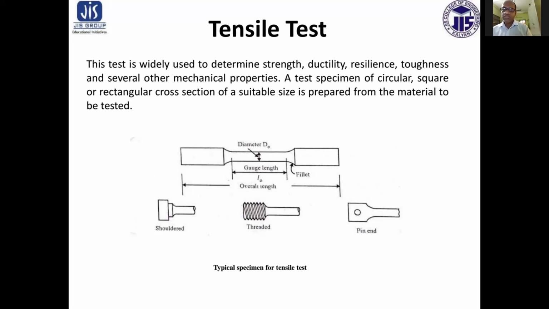The end part held in the jaws may be made shouldered, threaded, or we may use a pin end. So these are all the typical specimens for the tensile test.